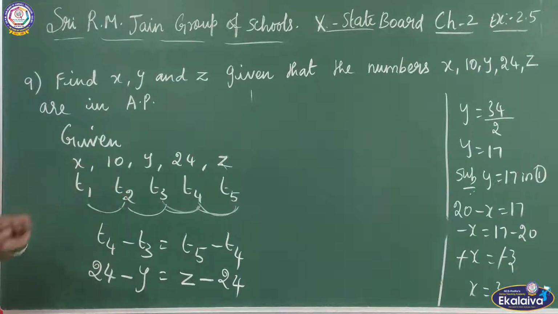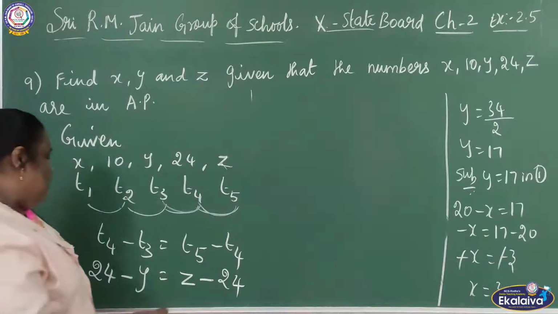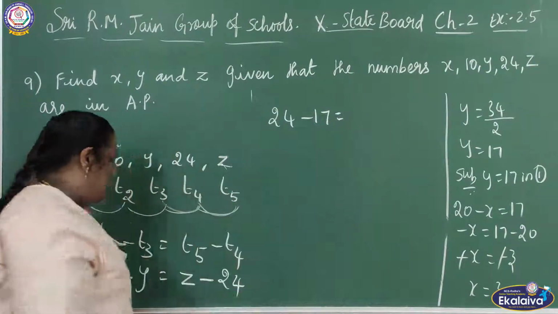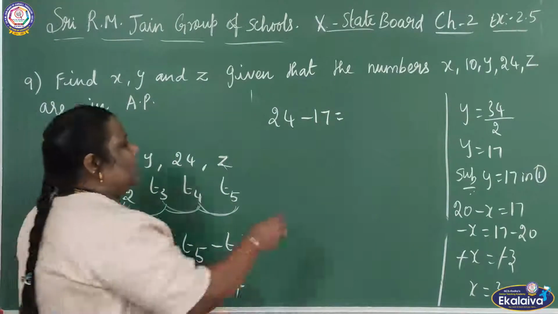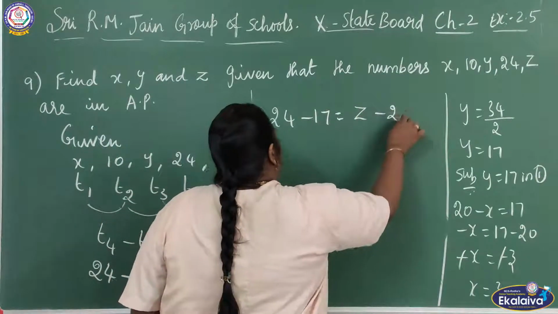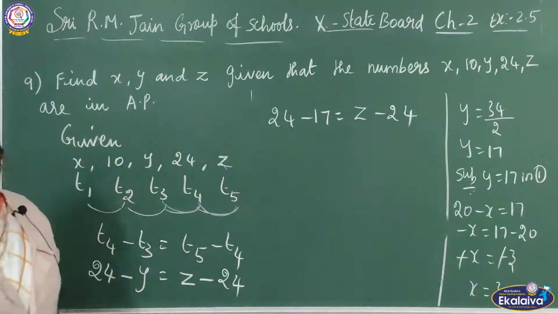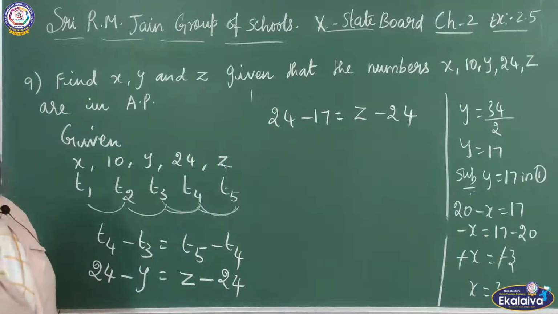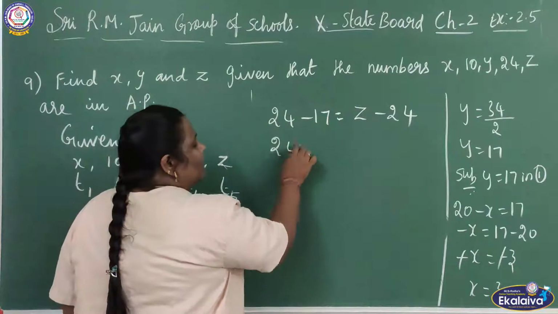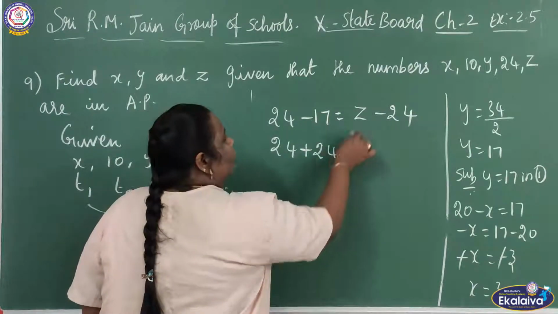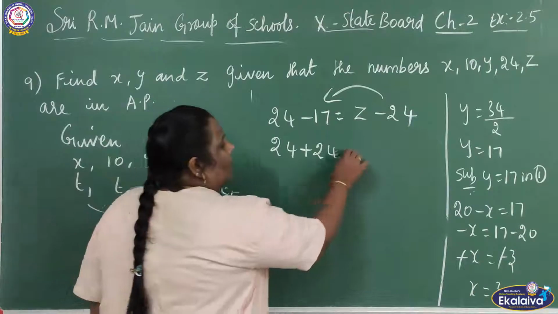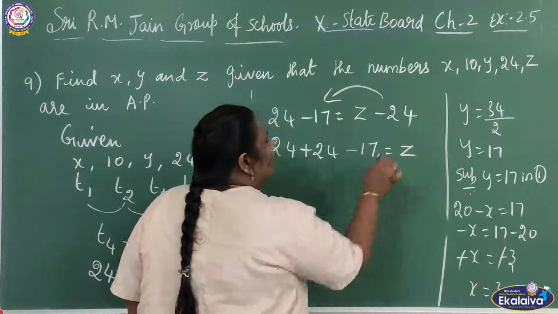What is the value of y? y is 17. So 24 minus 17 equal to z minus 24. So 24 plus 24, you bring it to this side. 24 plus 24 minus 17 equal to z.